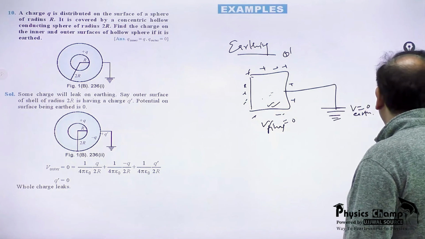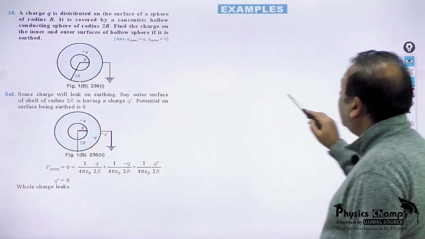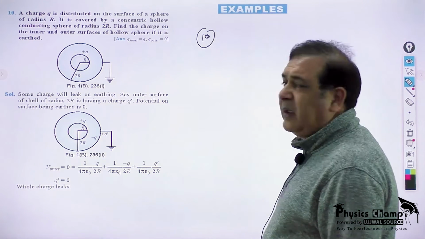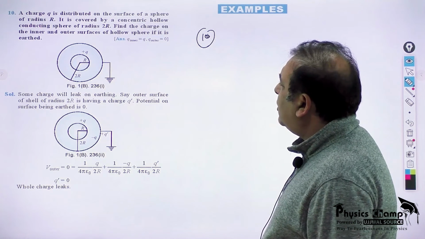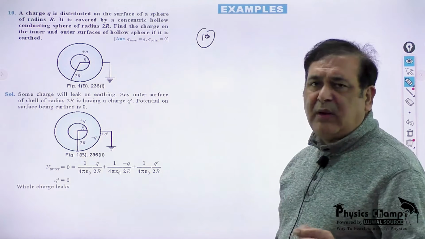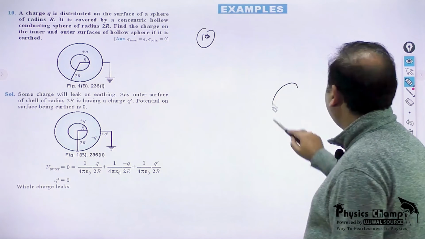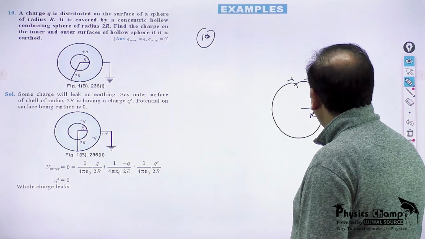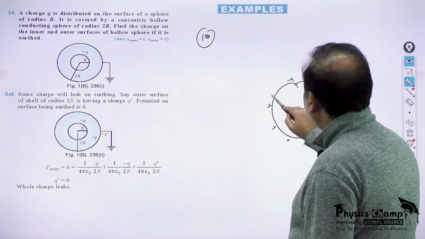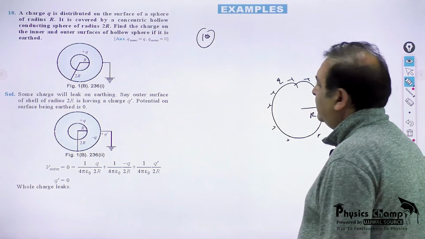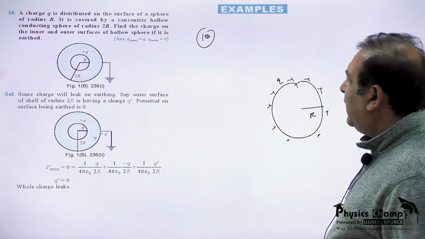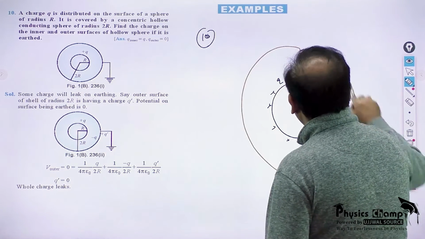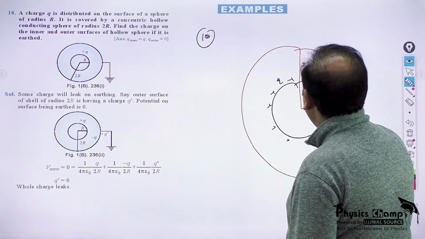So we first look at question number 10, the most fundamental question on the earthing concept that can be there. There is a charge small q distributed on the surface of a sphere of radius capital R. It is covered by a concentric hollow shell of radius 2r.